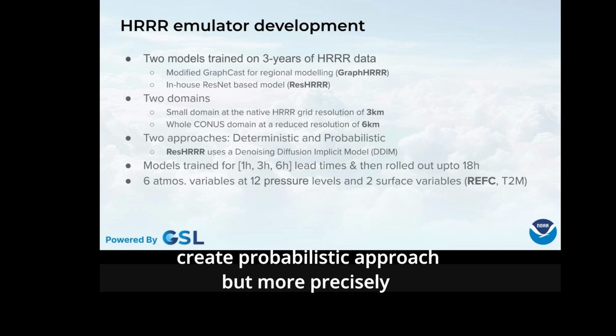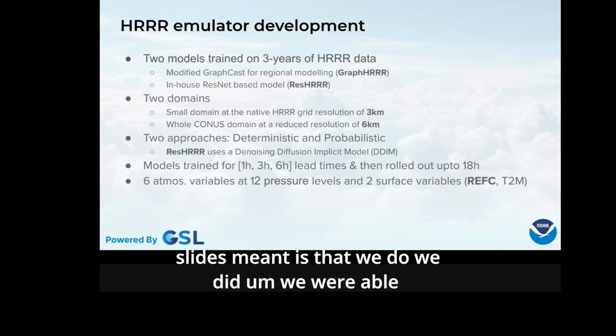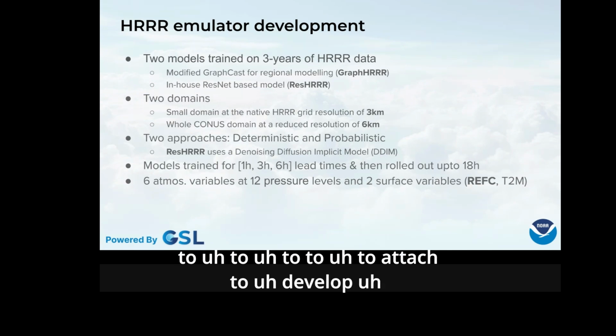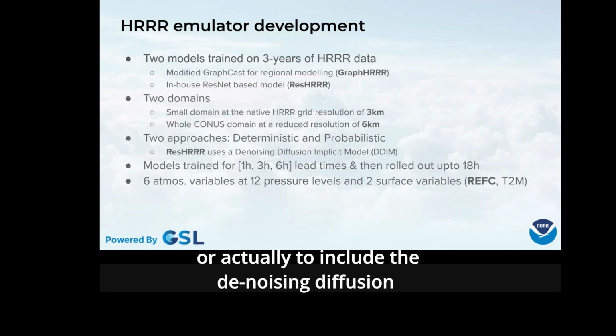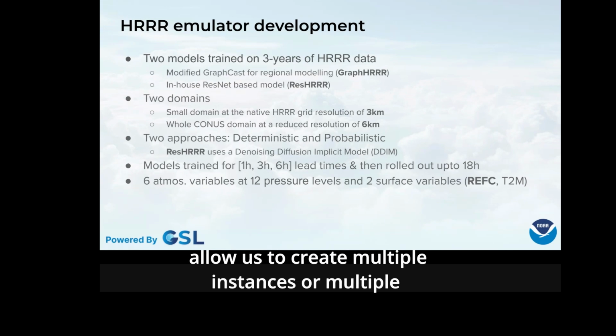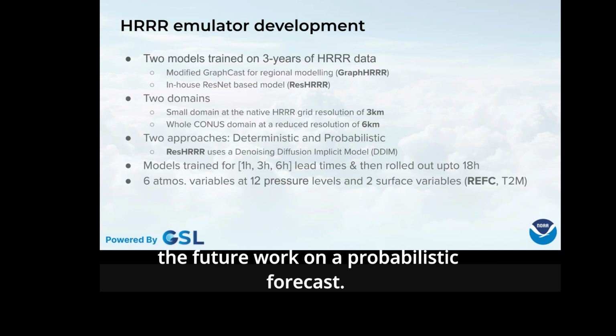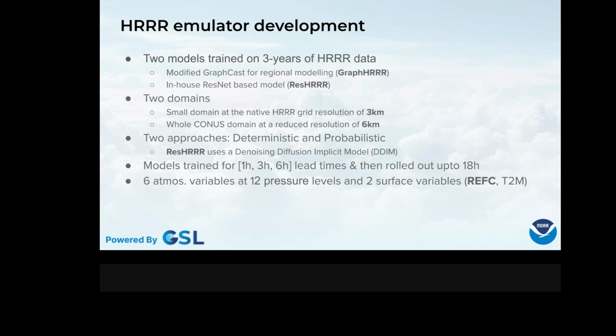But more precisely, here by probabilistic, what Daniel, who made these slides, meant is that we were able to include the denoising diffusion implicit model, or DDIM, within ResHer, which would allow us to create multiple instances or multiple ensemble members, therefore be able to, in the future, work on a probabilistic forecast.